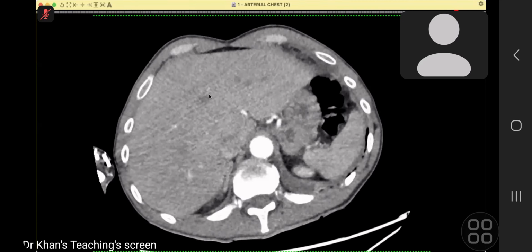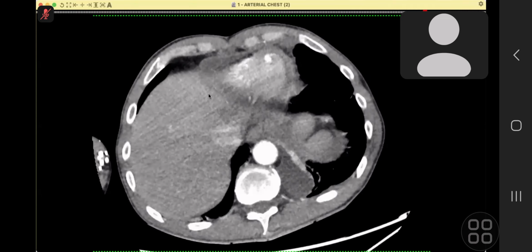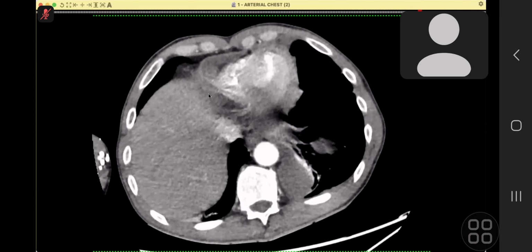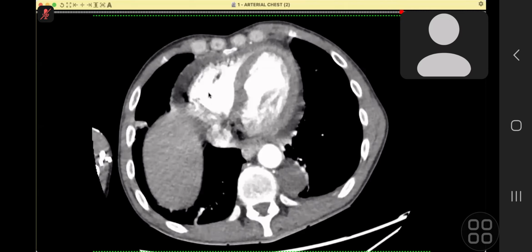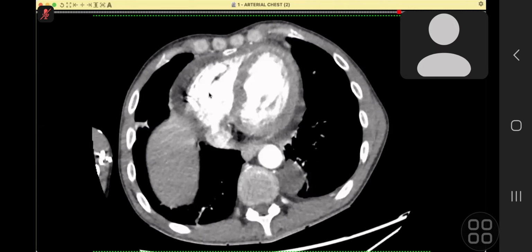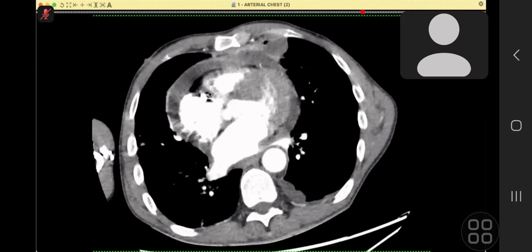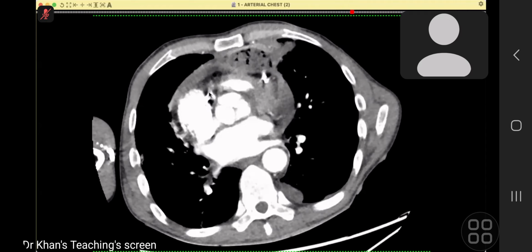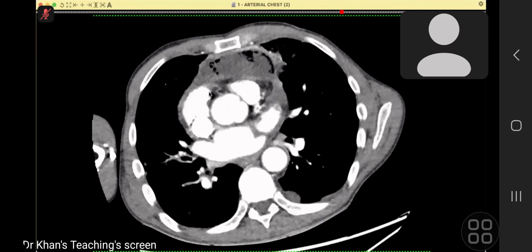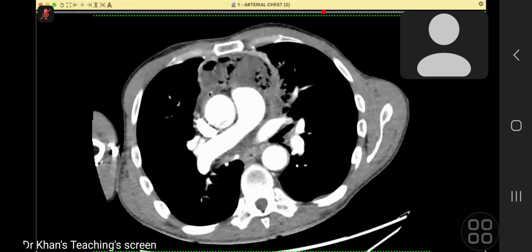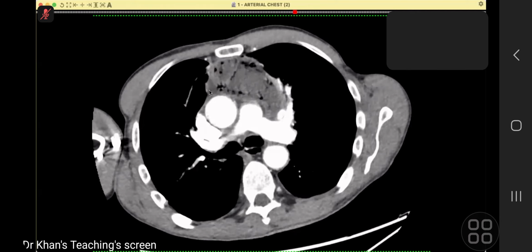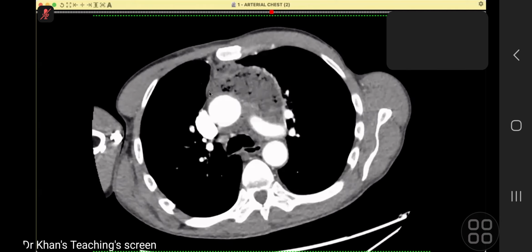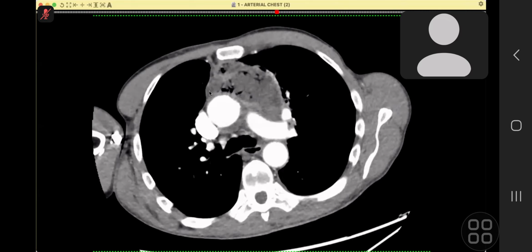I've been provided with contrast enhanced CT chest images of this patient, and I can see that there is a hypodense collection within the mediastinum, and there are air foci as well within it. As there is history of prior cardiac intervention, that intervention was 2 years ago, there is nothing acute.